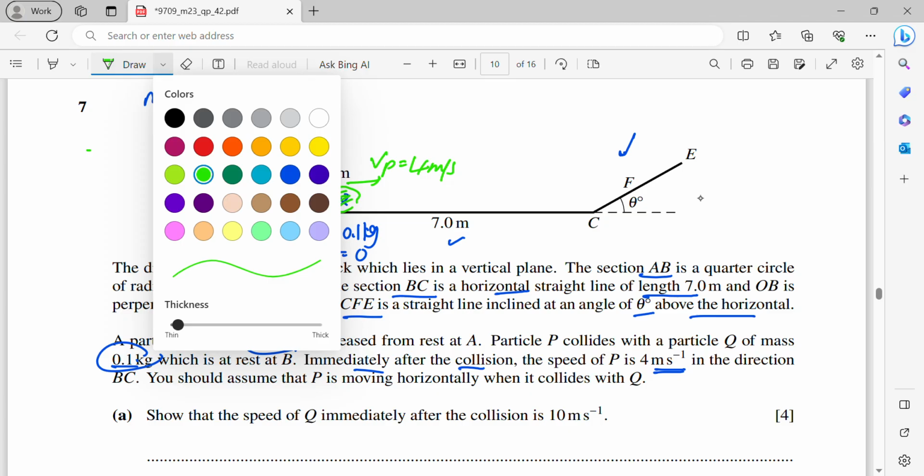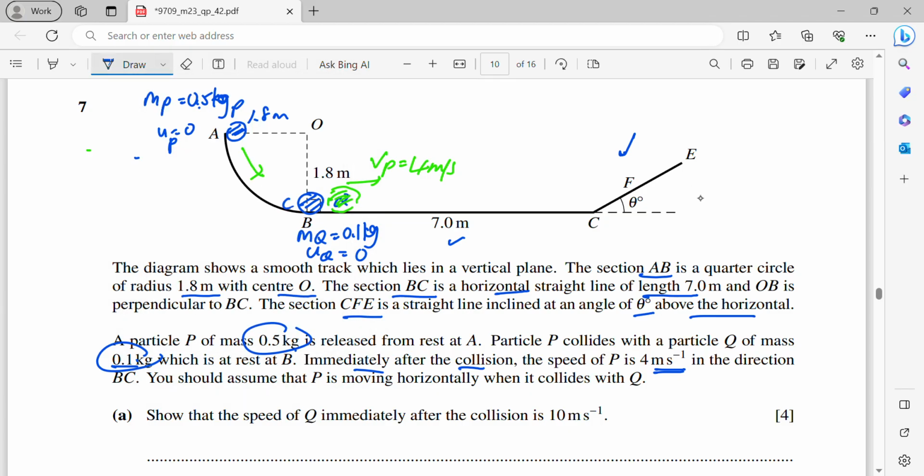This is the Q. Now in the direction BC, so P is moving to the right. You should assume P is moving horizontally when it collides with Q. Now (a), show that the speed of Q immediately after the collision is 10 meter per second.